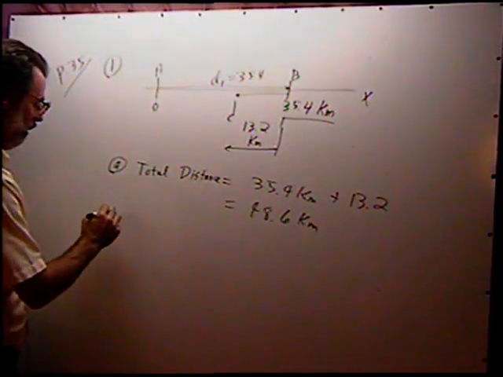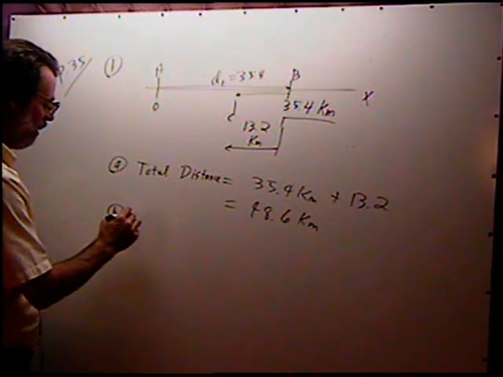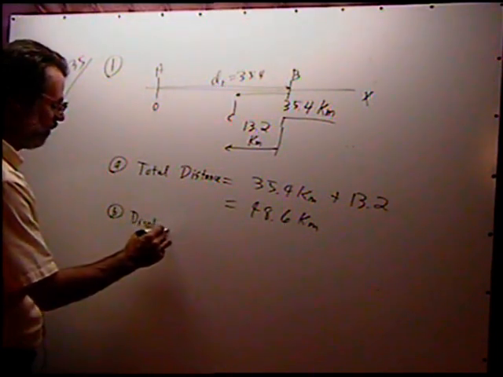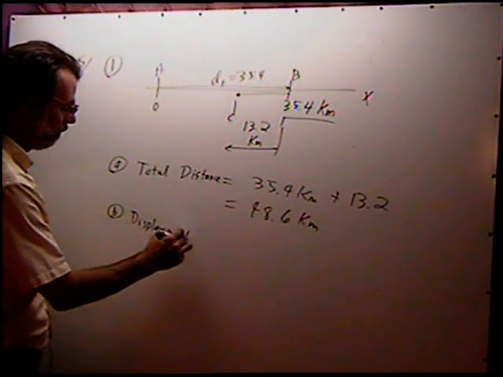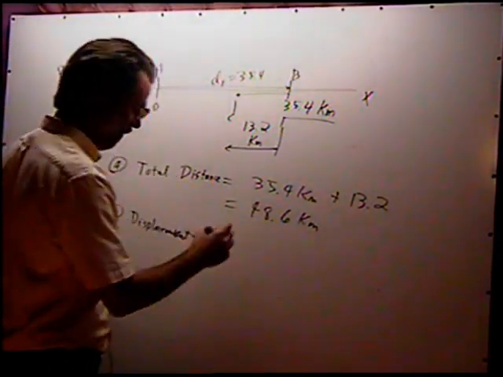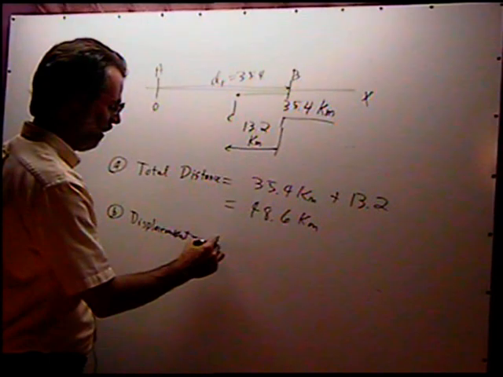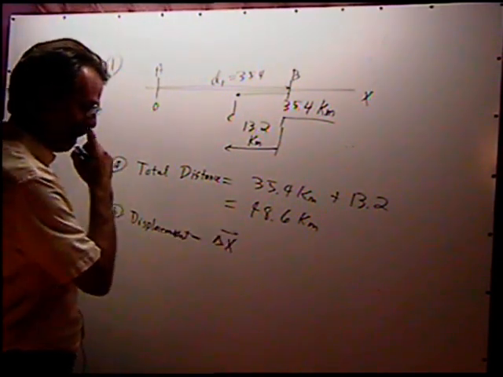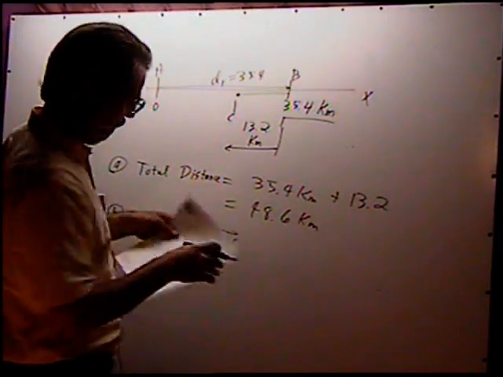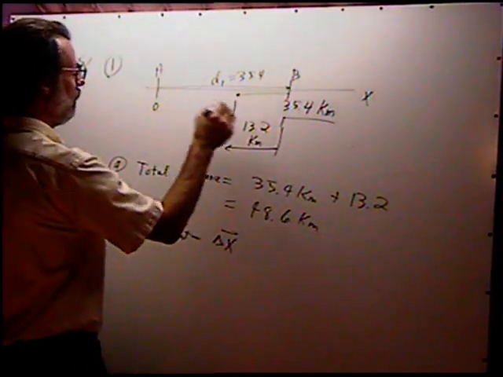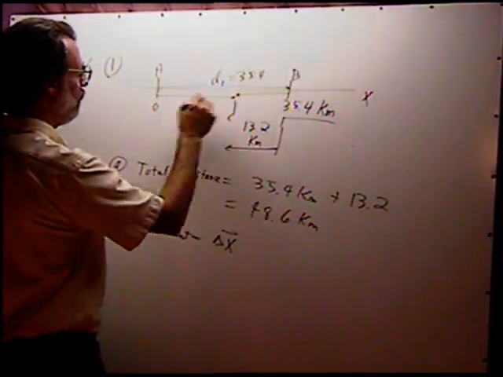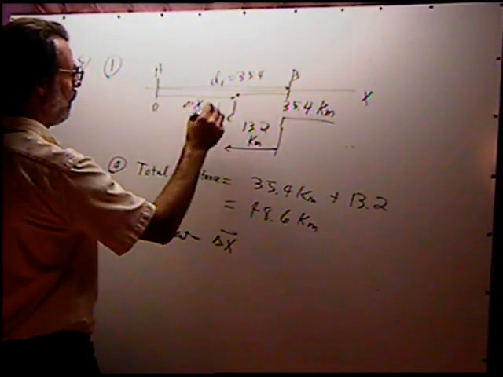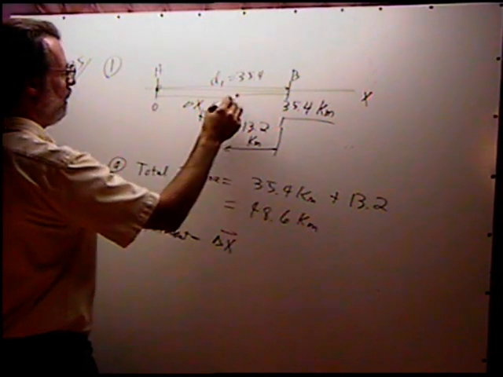But part B, what is the displacement? The final displacement is the delta x, okay, and the final displacement is from here to here. He starts here, but he ends up here.